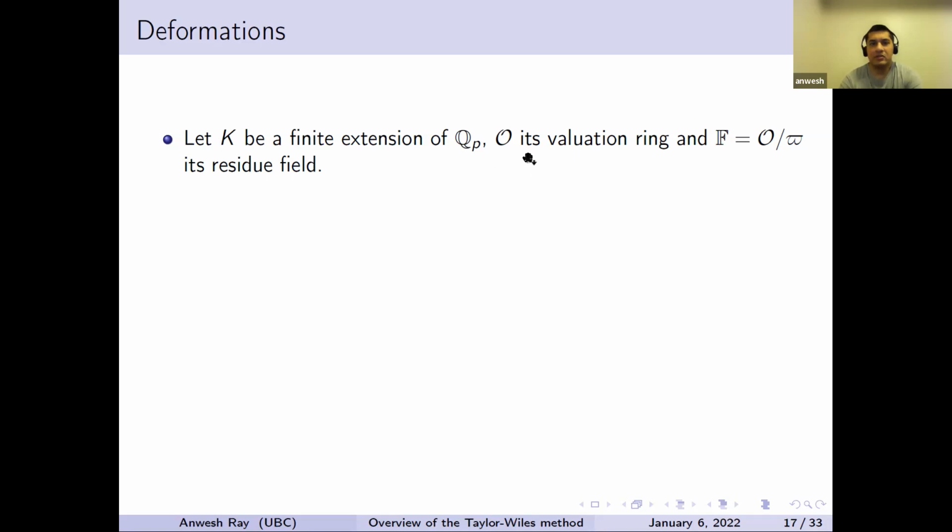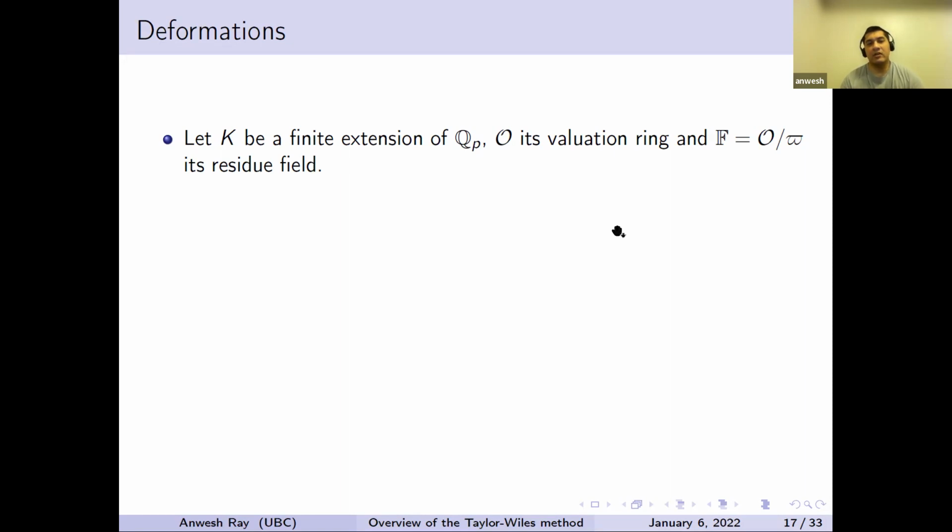And so I see a comment in the chat. Okay, so O is not local. I thought it was a number ring of K_f. Okay, so yeah, previously we had O sub F, which is the number ring of the field of Fourier coefficients.